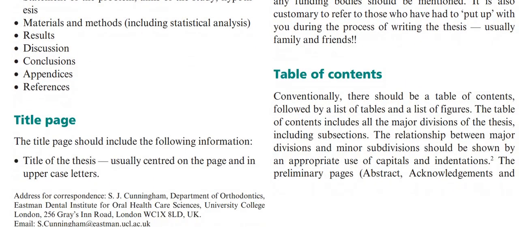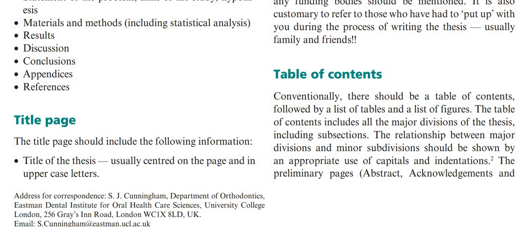Table of contents. Conventionally, there should be a table of contents, followed by a list of tables and a list of figures. The table of contents includes all the major divisions of the thesis, including subsections. The relationship between major divisions and minor subdivisions should be shown by an appropriate use of capitals and indentations.